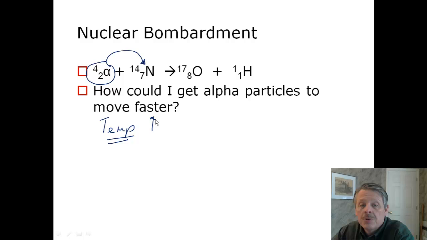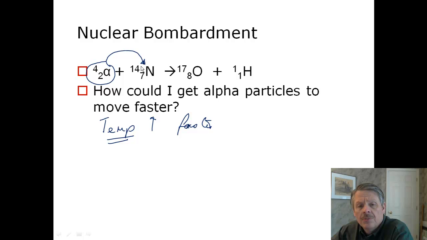If the temperature goes up, then the molecules move faster. So the hotter I make this, thousands of degrees Celsius, the faster these molecules move. They'll whack into each other, and they might have enough energy to actually have the alpha particle go into the nucleus of the nitrogen.